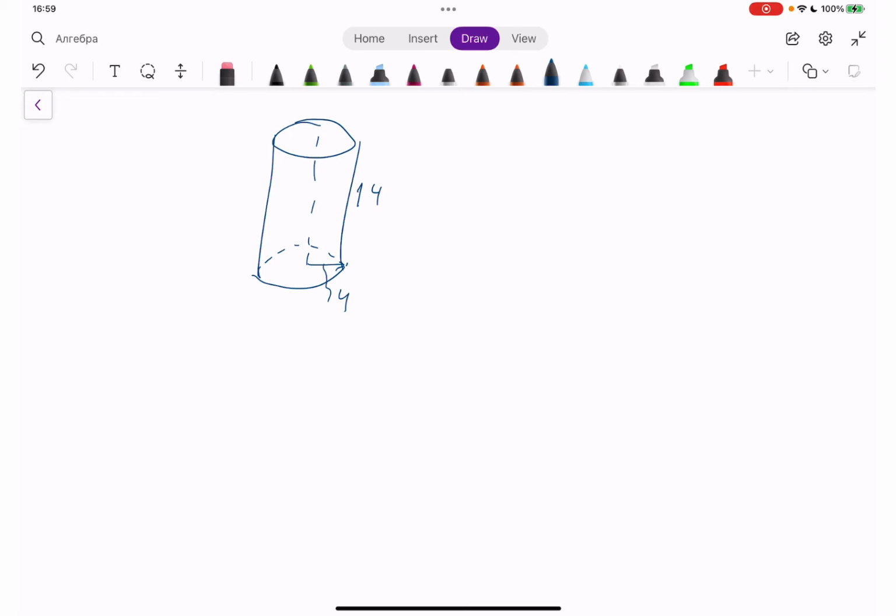So we need to find the area. Volume is equal to area times height. So the area for the circle is equal to pi r squared, right? Pi is 3.14 times r, radius is 4, squared, which is 16.